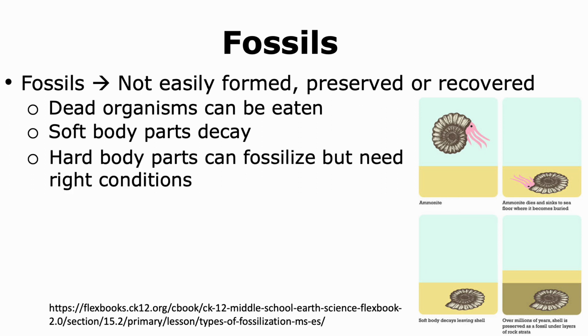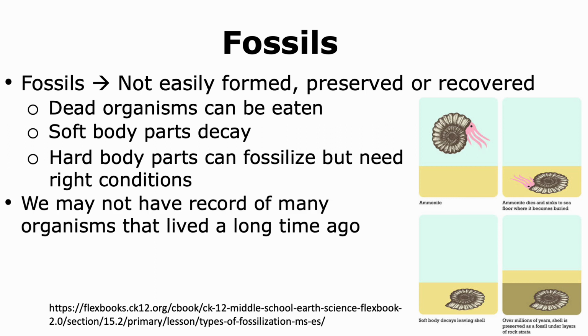If the organism does have hard body parts, they can fossilize, but they need the right conditions in order to be preserved to form fossils. Hence, there is a possibility that we may not have record of many, many different organisms that did live a long time ago.